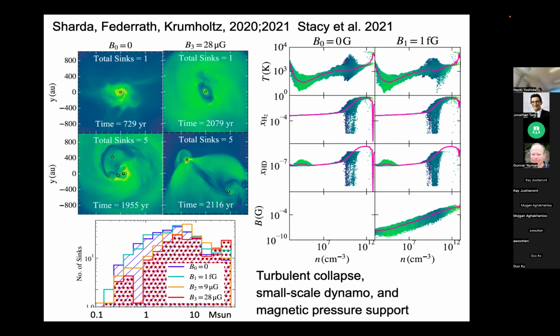And so obviously, according to their parameterized study, this initial magnetic field really changes the multiplicity and the stellar mass distribution, as shown here. This is their sink particle protostellar mass distribution from 1 to 10 solar masses. It's shifted toward the high mass end by adding the magnetic field. So this is something, here in this talk, I should say is an open question and something I need to explore more, starting from the realistic initial conditions that I described.